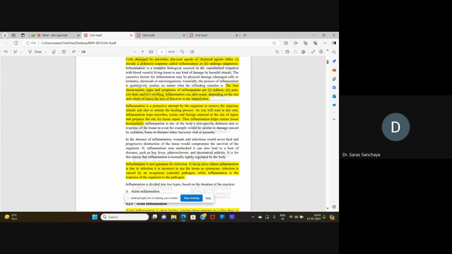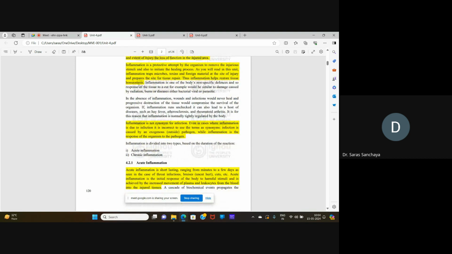As you will read in this unit, inflammation traps microbes, toxins, and foreign material at the site of injury and prepares the site for tissue repair. So there are various mechanisms through which tissue repair occurs, and one of the basic mechanisms is through inflammation. Thus, inflammation helps restore tissue homeostasis.